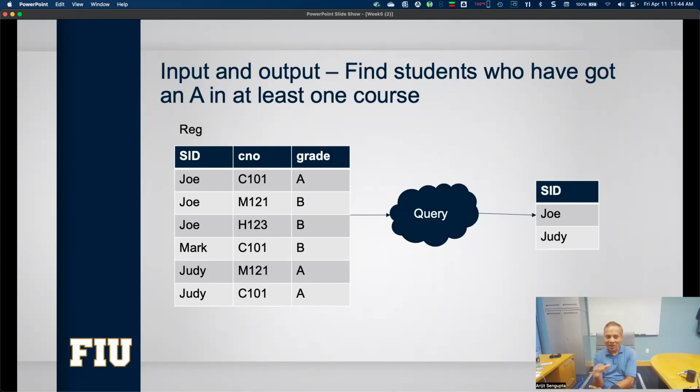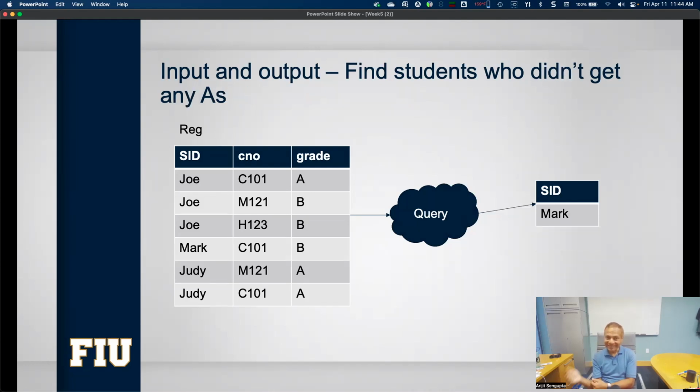Now, remember, we're not changing any existing data in the database. We're only adding more stuff.